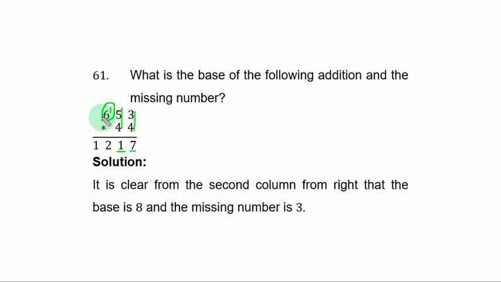What you can divide by 8 and have remainder of 2 is 10. Divide 10 by 8, you have remainder of 2. And already we have 7 here. What you will add to this 7 to get that 10 is 3. So this missing number is 3 and the operational base is base 8.